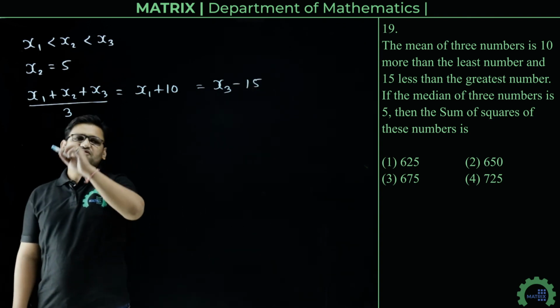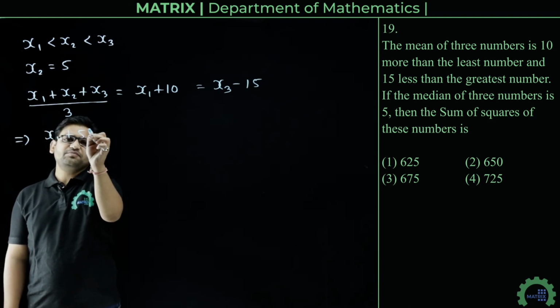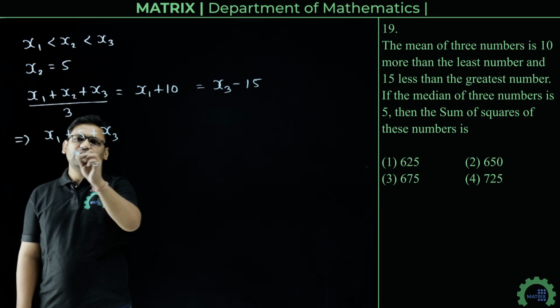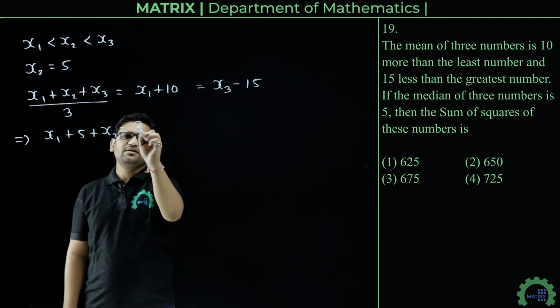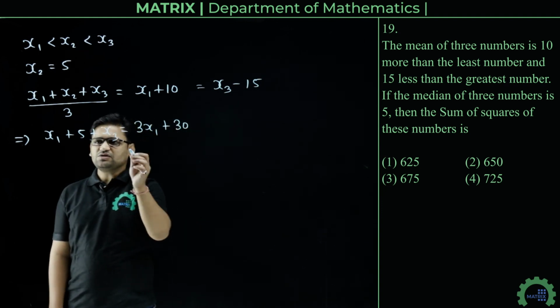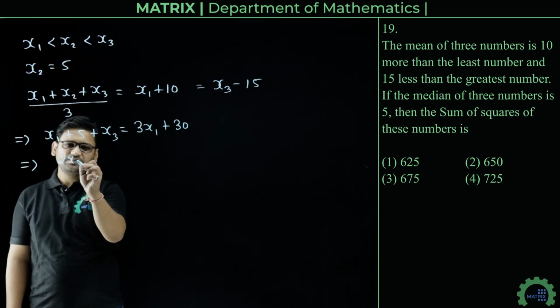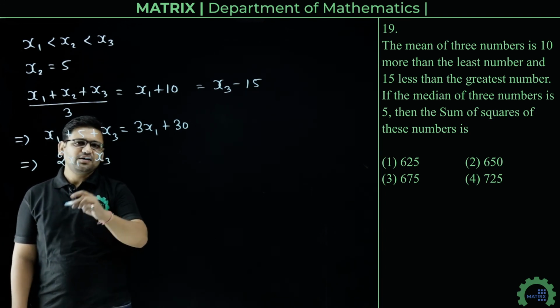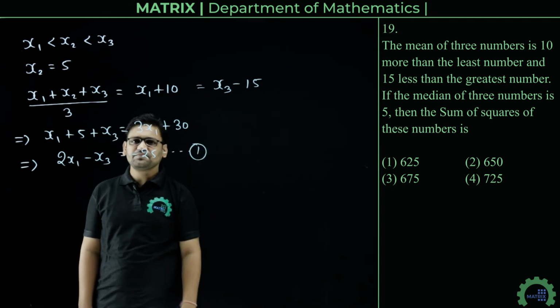Now the value of x2 is 5, so we can write x1 + 5 + x3 equals, for equation number 1, 3x1 + 30. On simplifying this, we get 2x1 - x3 = -25. Let's say this is equation number 1.